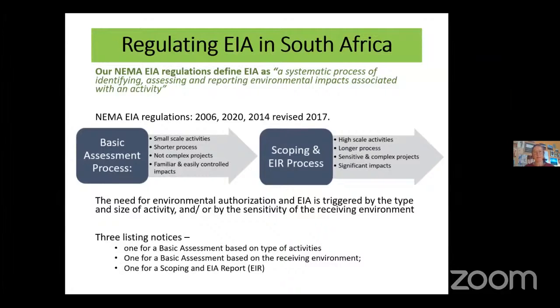The basic assessment process is supposed to be a shorter process and not for complex projects or for massively impacting activities. However, we find that many basic assessment processes have to follow essentially the same steps that you follow in a scoping and EIR process, although the reporting intervals and the intervals for engaging with the public on issues is different in these two different processes.